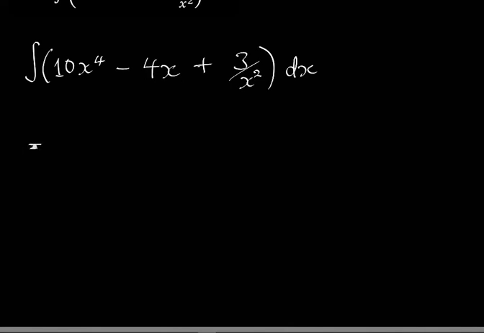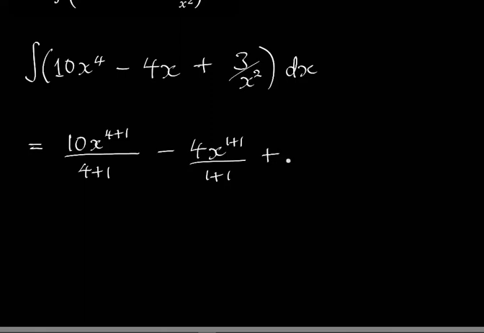This is going to be equal to 10x^(4+1) divided by 4+1 minus 4x^(1+1) divided by 1+1 plus 3x^(-2+1) divided by -2+1. I hope that never confused you.